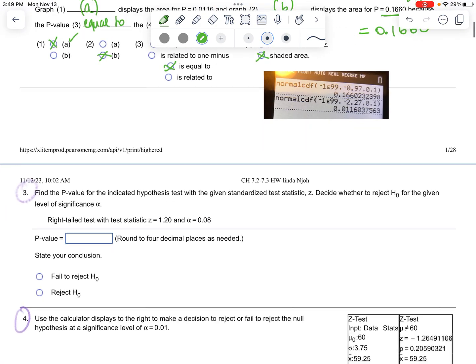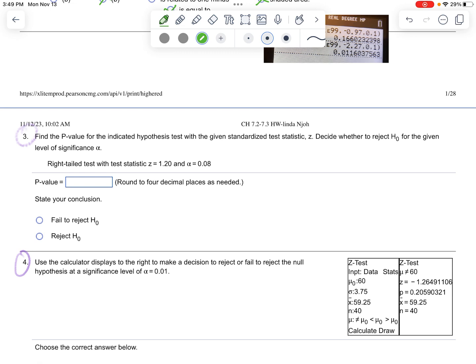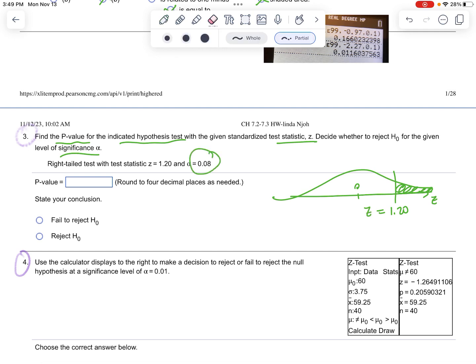Let's move on. It says find the p-value for the indicated hypothesis test given the test statistic Z and the level of significance. They say a right tail test. It has to be a right tail. The Z statistic is 1.20 and alpha is 0.08.